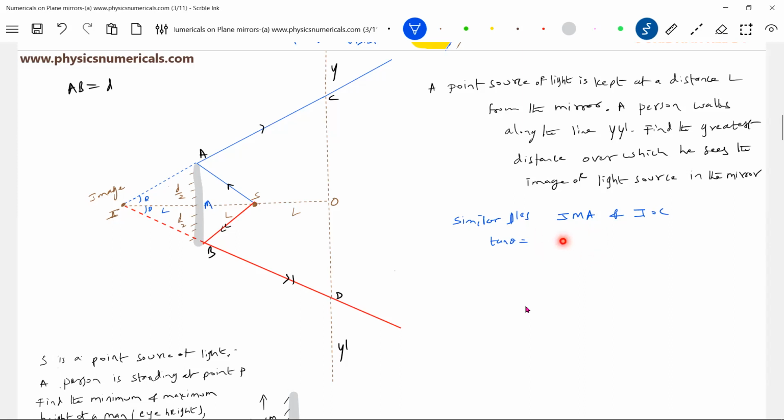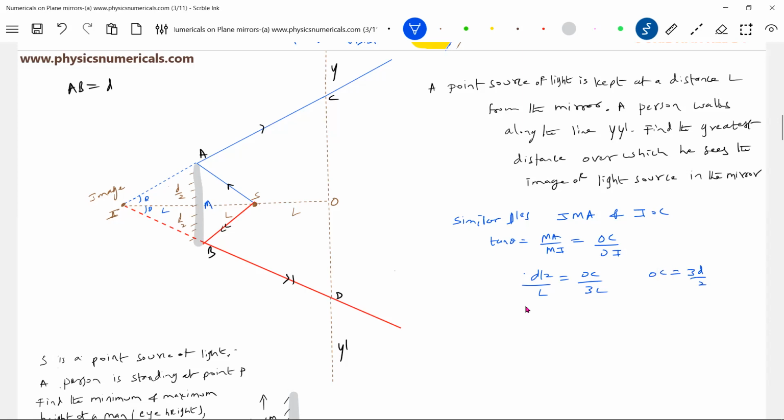Let me write symbols; next I'll put the values. So this becomes MA by MI equals OC by OI. MA is equal to D by 2. MI is L. OC we don't know. And OI will be 3L. So OC is equal to 3D by 2.